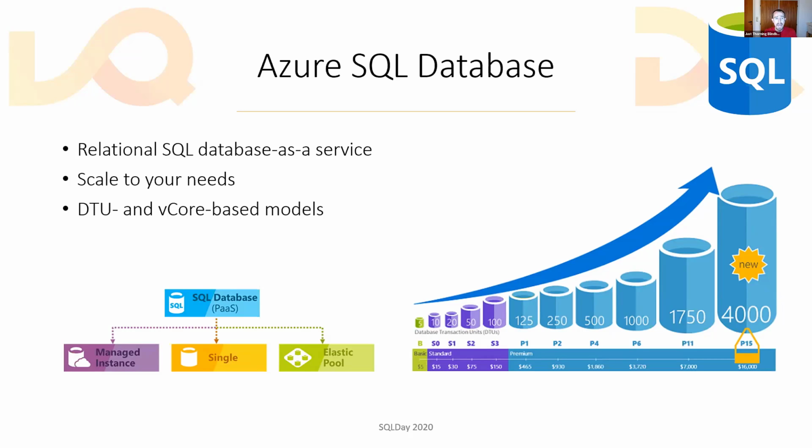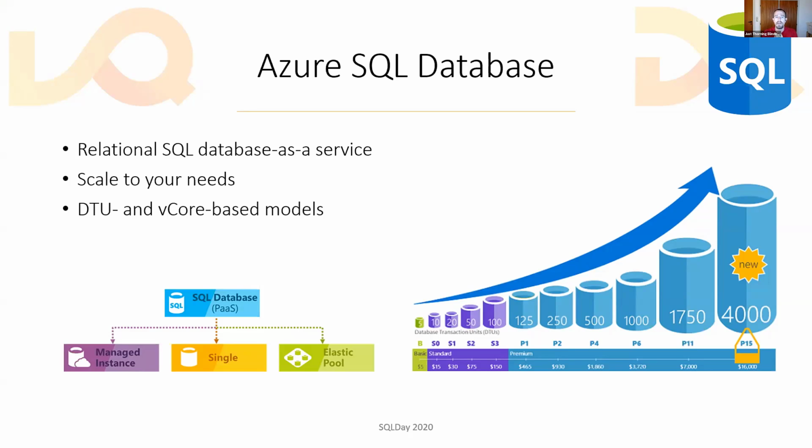So, you have it in two different variants here. You have a DTU one and a vCore. We started with these DTU versions that can be scaled up to, in this example, P15.